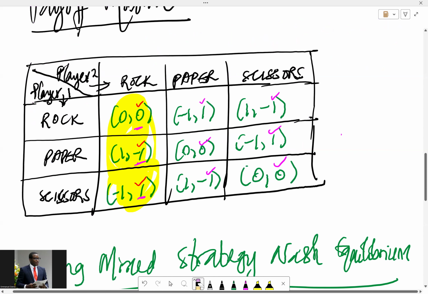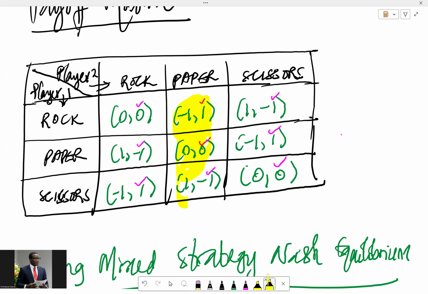Now if we go for paper for player two, whatever happens to the payoff for player one depends on what player two does. So if player two chooses paper, let's look at all the possibilities. That'll be 1, 0, 1.